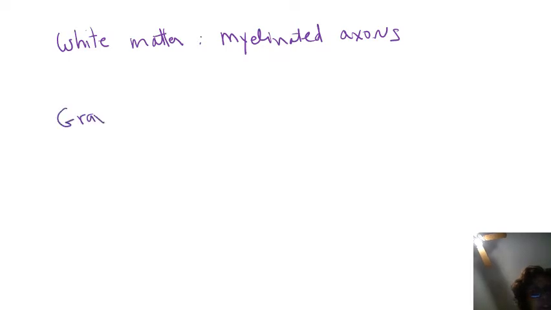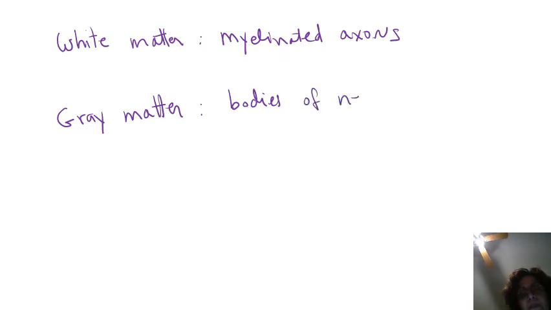The other type of tissue is called gray matter. Gray matter consists of bodies of neurons and unmyelinated axons.